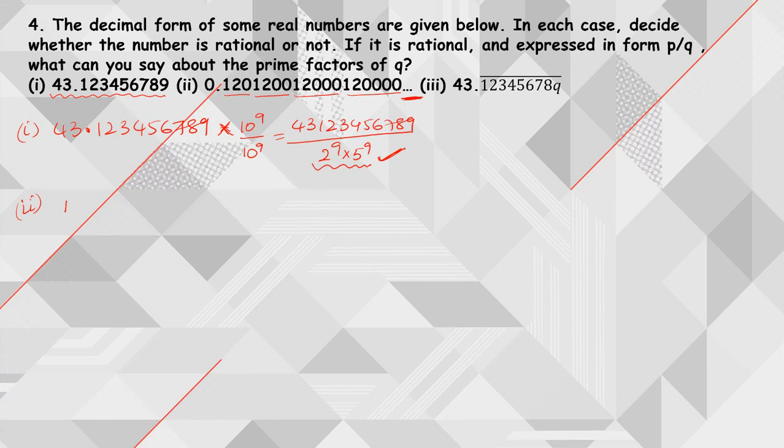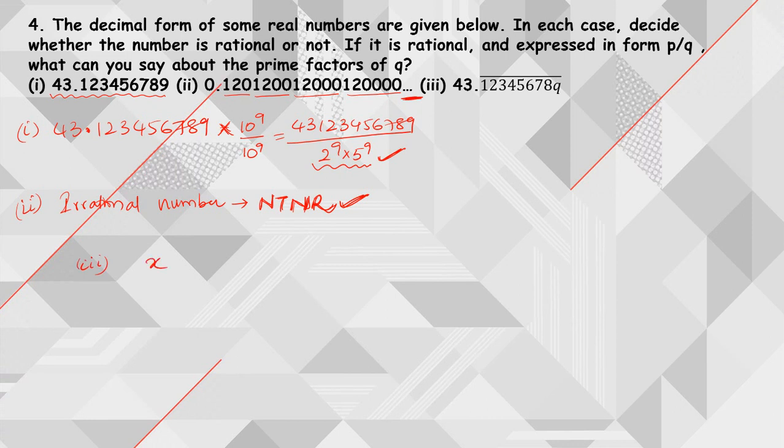Hence it is an irrational number, because it is non-terminating, non-repeating. We cannot write an irrational number in the form of p by q, hence there is no discussion of p by q form. Next, moving on to part number 3.